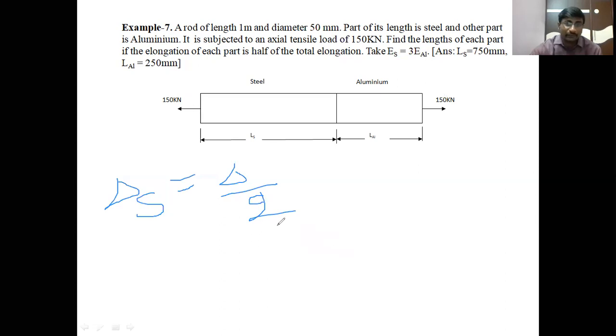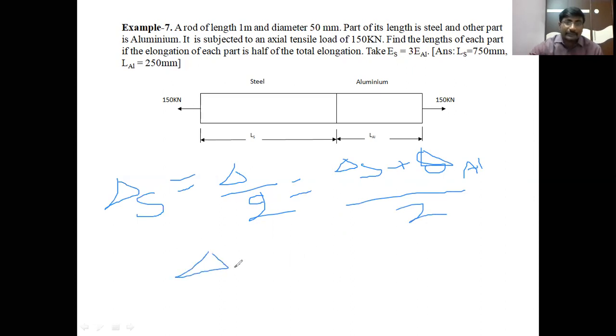That means delta S is equal to total elongation by 2. What is the delta? Delta S plus delta AL, by 2. Clear? So delta S is equal to delta S by 2 plus delta AL by 2. That is the elongation of the aluminum part.